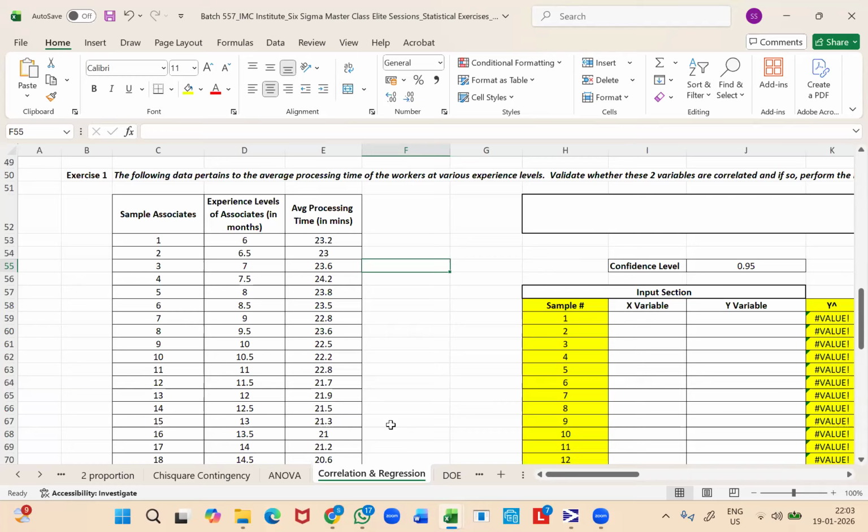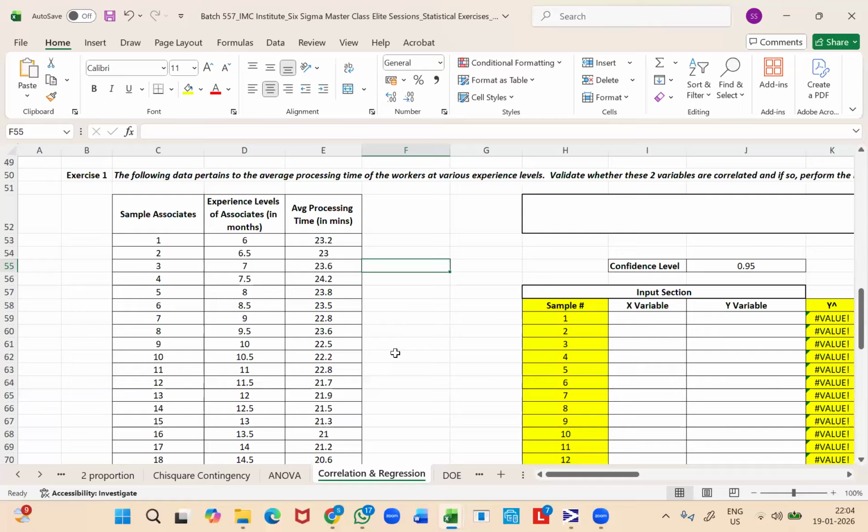But if you find the R square value to be 75% or 0.75, what can we infer from this? One thing is that the X variable we have considered could be a significant variable for the Y variable.